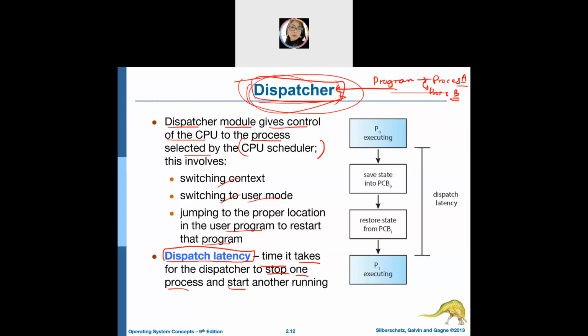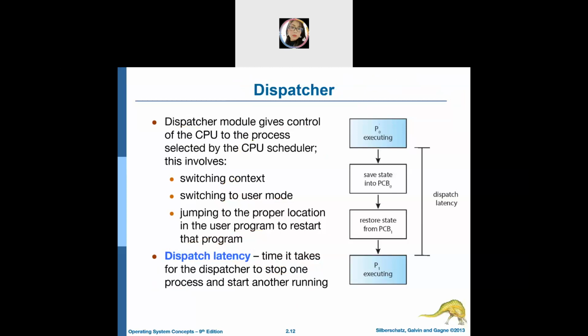That is the definition. In terms of the picture, you can see here, you have process 0 that you want to execute, and then you want to terminate process 0 because you want to have another process. While you terminate this, who is going to do the work? The dispatcher will take the place.